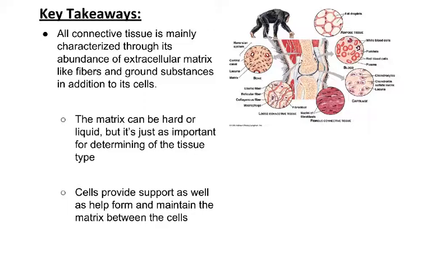And the extracellular matrix, again, is made of fibers and ground substance. The matrix and the ground substance within it can be hard or liquid, and it's just as important for determining what type of tissue we're looking at. The cells themselves do have other roles, but a big role they have is to support and maintain the matrix between cells.